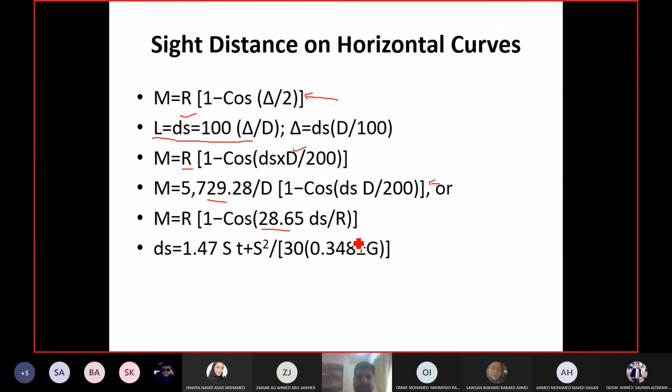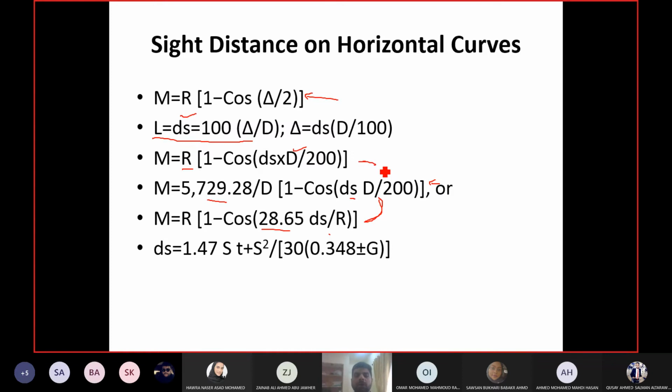So this is the equation for M. The only difference between these two equations is that the first one doesn't have R, the second one doesn't have D. We replaced one with the other. But both equations are true, both are good. Even this one is also good. If you want to use R and D both, fine, use it, no problem.